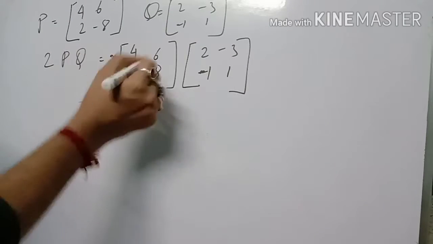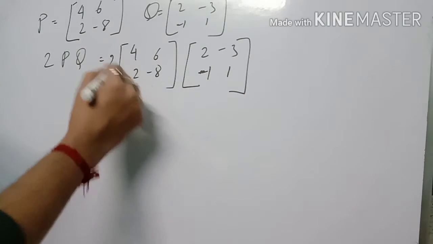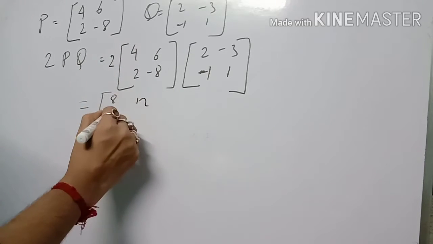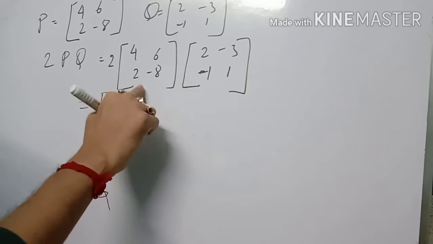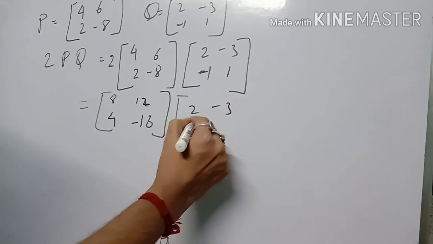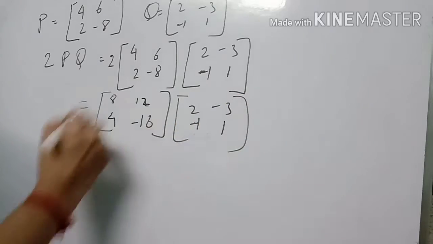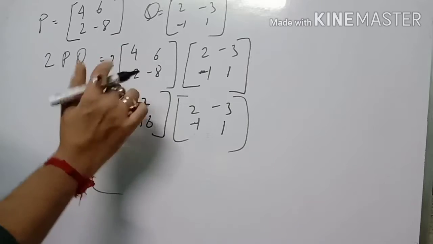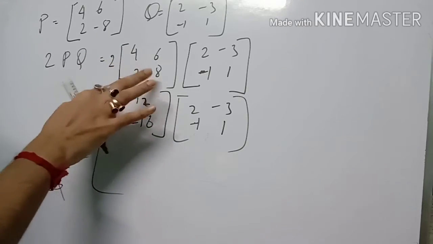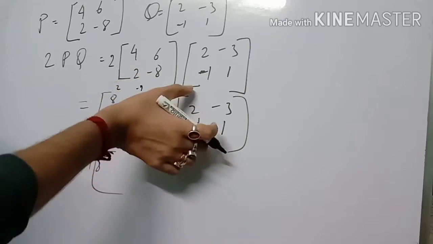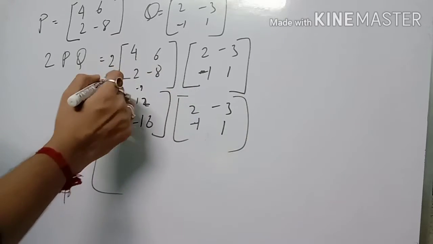So we have 2 before, it is going to multiply the P matrix. So it's going to be 8, 12, 4, minus 16, and 2 minus 3, minus 1, 1. Let them get multiplied. For our benefit, we're going to put the elements of the first column here, 2 and minus 1.